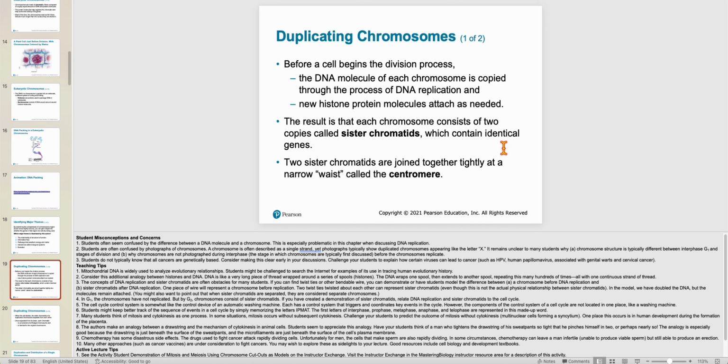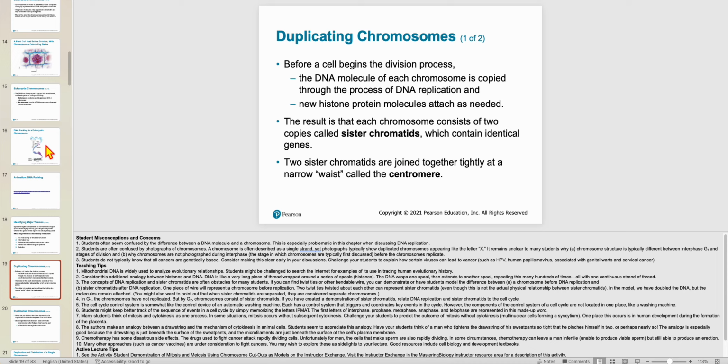All right, this one I do care for. Now, what I said a moment ago is now on the slide. You can see it says centromere, where the sister chromatids are joined together. So they're copies of each other, and it says here, which are identical genes. They're like a duplicate copy, and they're tied together and held together at that narrow waist called the centromere.